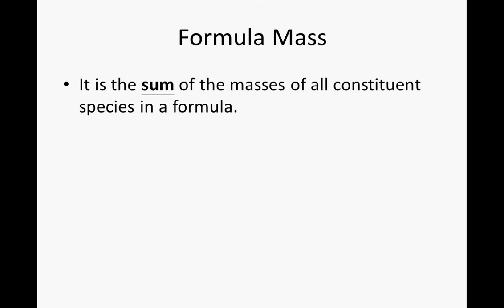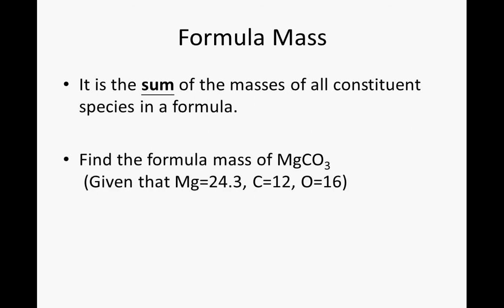First of all, you have to know what is called a formula. Unlike a mathematical formula, a formula in chemistry does not have an equal sign. For example, MgCO3, we call it a formula. It is like a combination of some elements, ions or molecules.